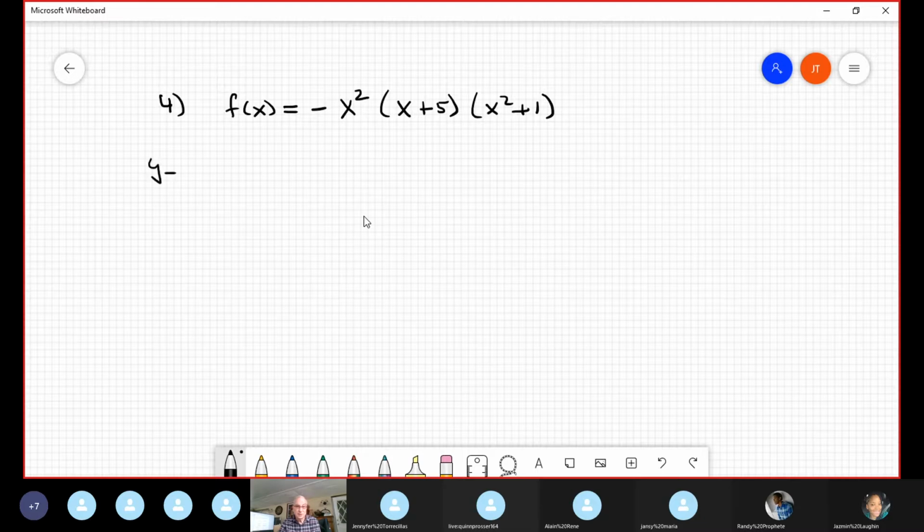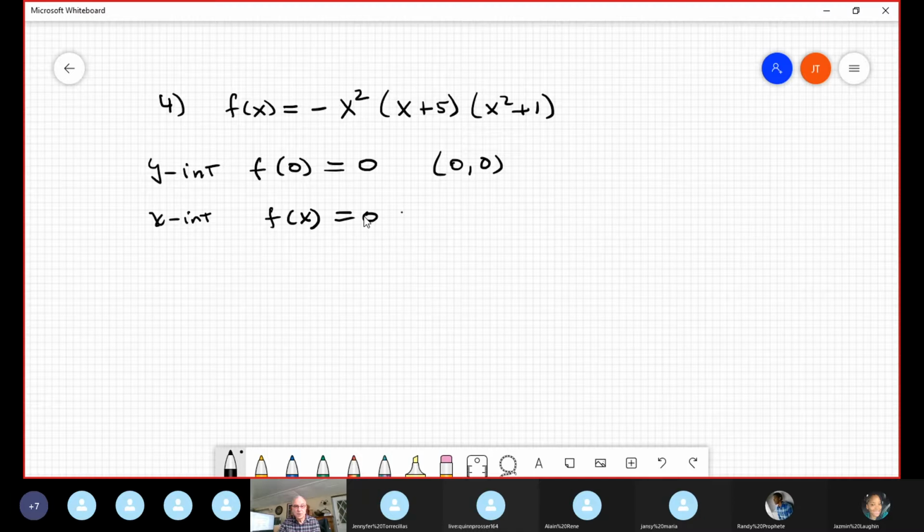For finding the y-intercept, you always evaluate the function at 0. In this case, 0, 0 is both the x-intercept and the y-intercept. And for the x-intercepts, you take the original function equal to 0. In our specific example it is minus x squared, x plus 5, x squared plus 1.